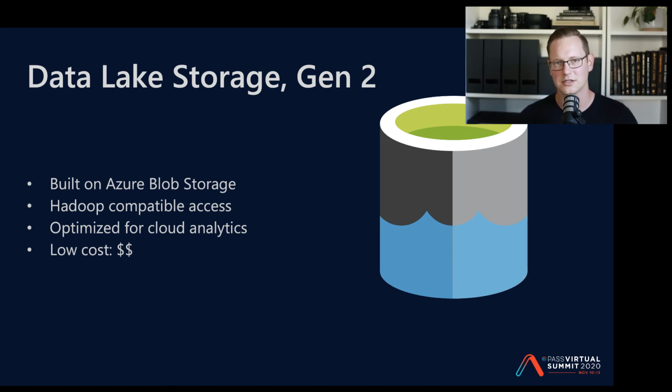And you get all the features of Azure Blob Storage, but you also get really good Hadoop compatibility, which Spark is using, the Hadoop APIs, under the covers. It's optimized for cloud analytics. Just the way it's going to store its data is going to be set for these use cases we do. And the cost is pretty similar. It's worth looking into. It's worth doing a POC on, but the cost is pretty similar compared to Azure Blob Storage as well.